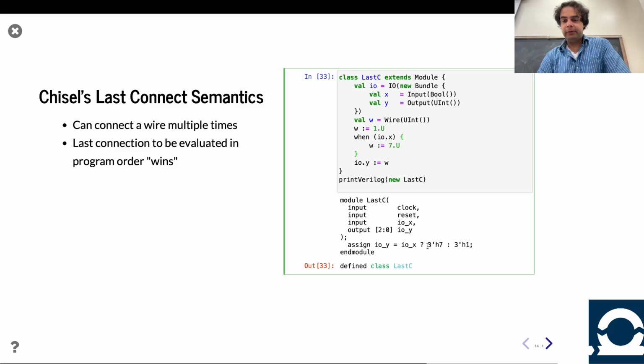Okay, so based on io.x, if it's true, we get 7, like the when statement kind of implies. And if it's false, we have the original value of W. So which of these connect statements wins? Well, it depends on the value of io.x. And so you saw an example a minute ago, I did the mux that way. This is a very helpful thing where you kind of can set a value for something and then kind of conditionally change it when you need to.